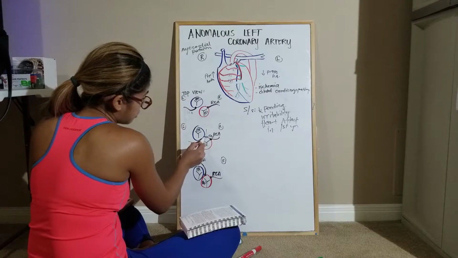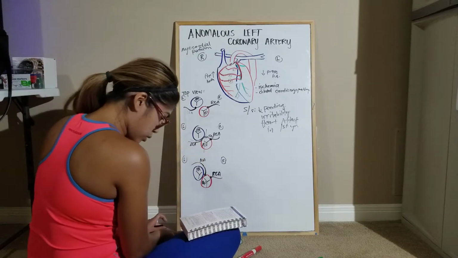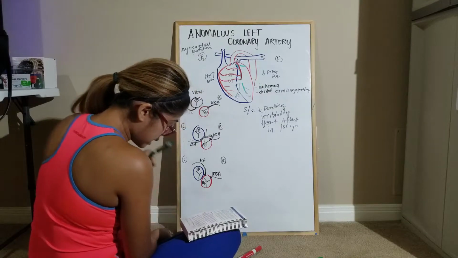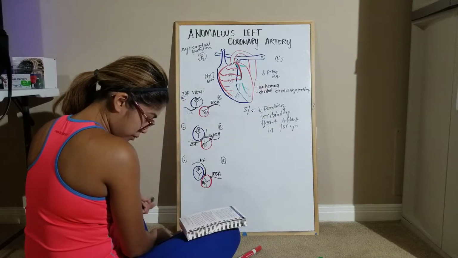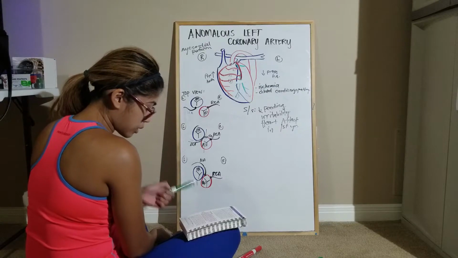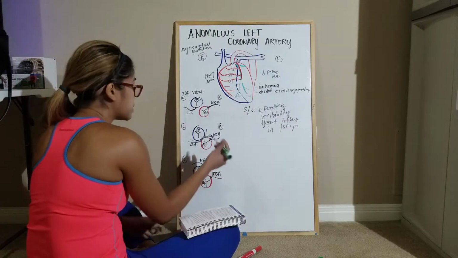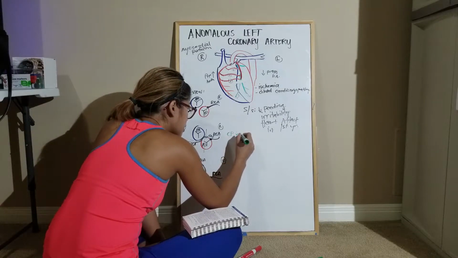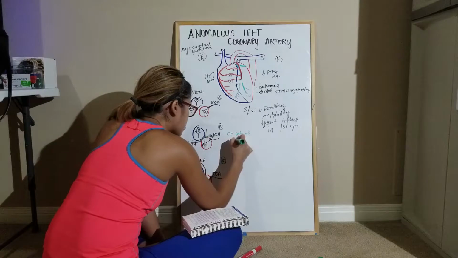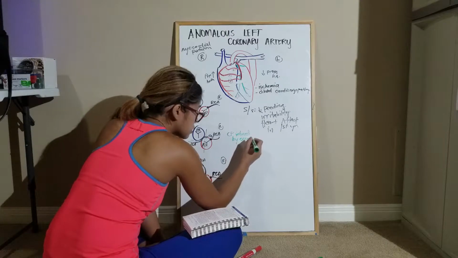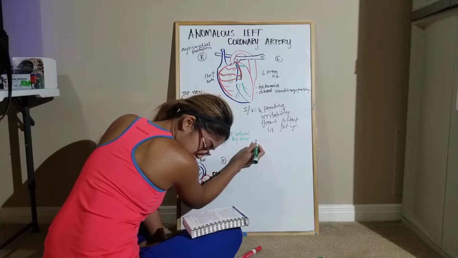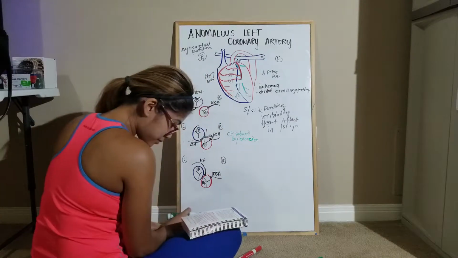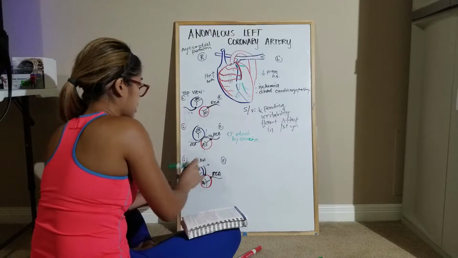It goes between the pulmonary artery and the aorta, and it may cause dynamic compression, and it can be associated with chest pain induced by exertion. How do you spell exertion? Well, exercise, induced by exercise, and sudden cardiac death.